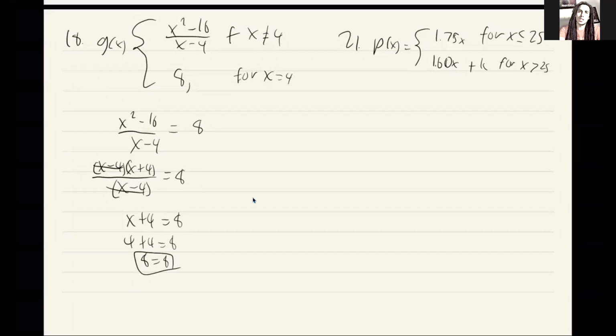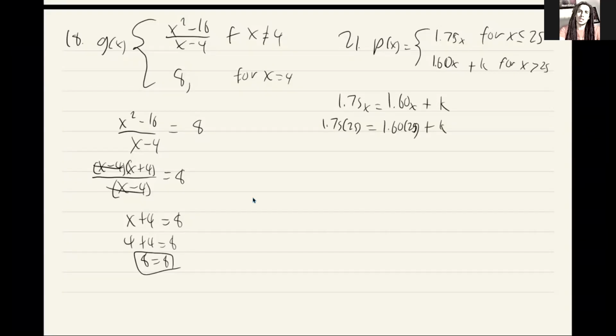Okay, so let's put 1.75x on the left and then 1.60x plus K on the right. So we're going to do 1.75x, plug in the 25 there, then 1.60, and we're going to substitute the x for 25, and then have K there.